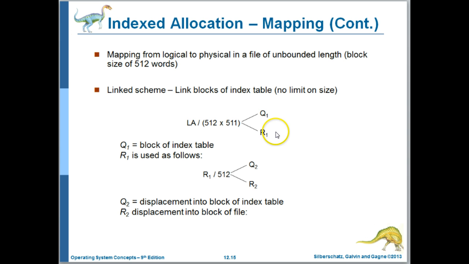So taking that remainder and then dividing it by 512, the number of bytes within a data block, gives us the index into that index block, and then the remainder is the offset into the final data block. The problem with this approach, obviously, is that we have to chase those links, assuming that we're not keeping the index blocks cached in memory.